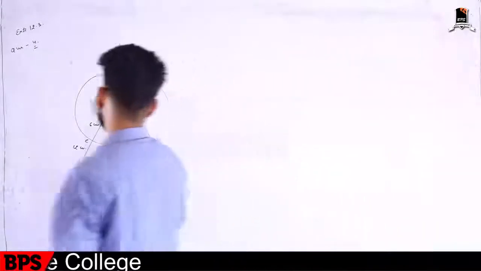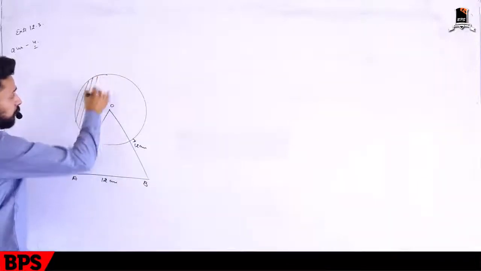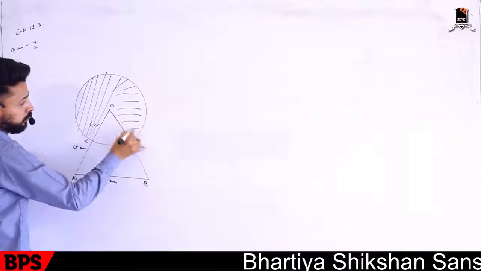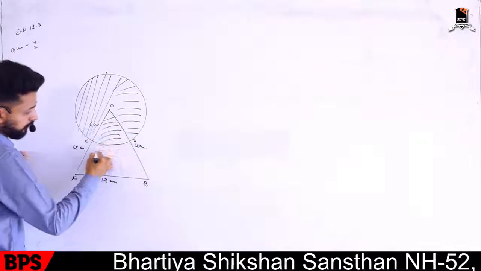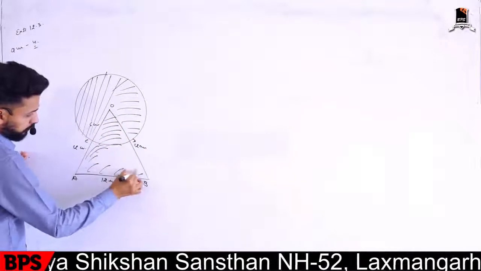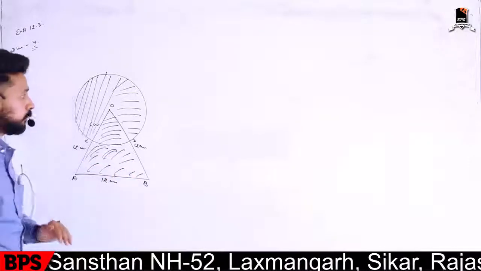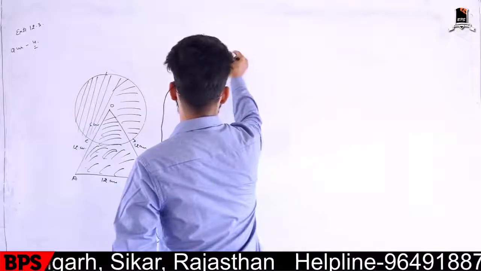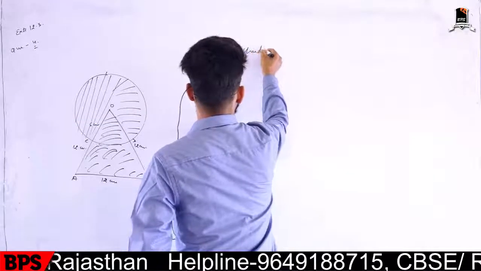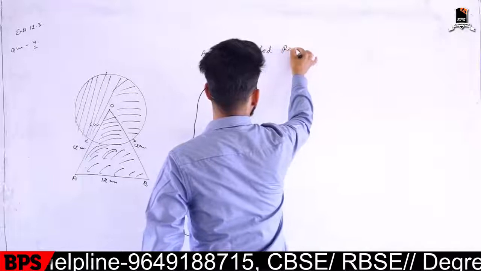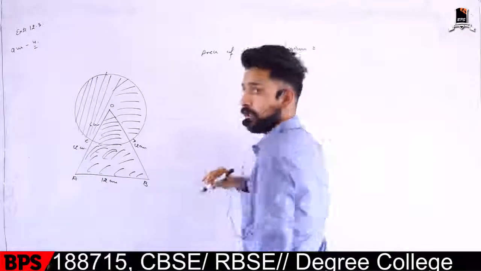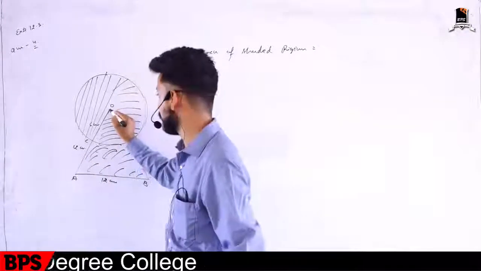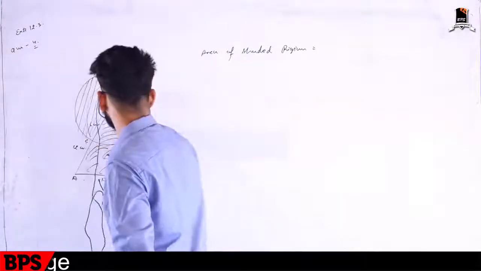So the area of shaded region is the whole region of the figure minus the unshaded part. The area of shaded region is equal to the area of equilateral triangle plus the area of major sector.